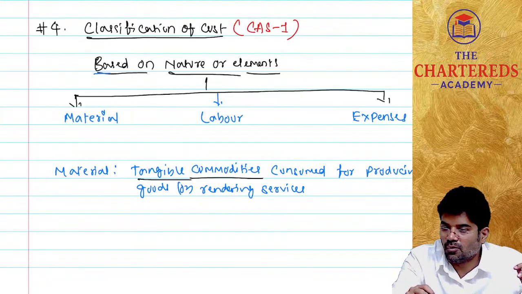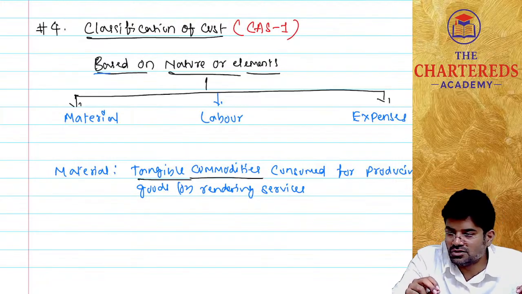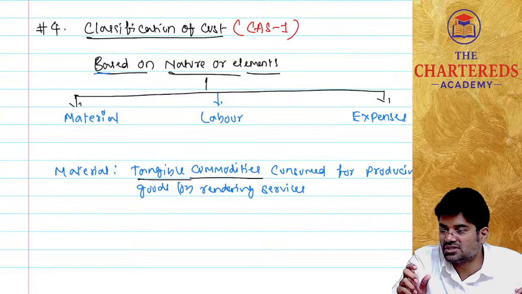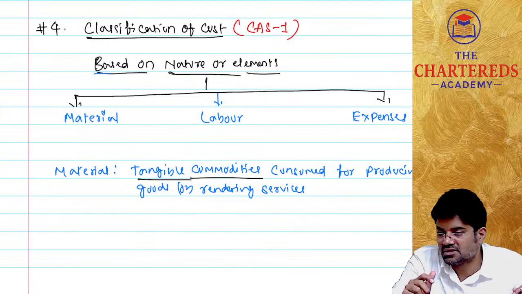So in order to produce goods, whatever goods are getting consumed or used, we call them as what?